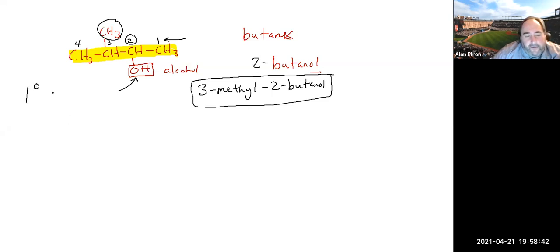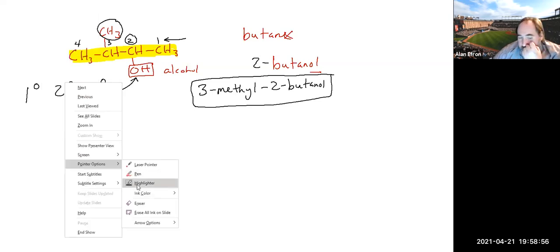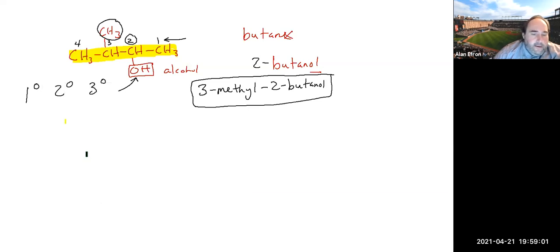Is this a primary, secondary, or tertiary alcohol? Take a second and think about which one it might be. Okay, so in order to determine that, we want to look at the carbon that has the OH group attached to it.